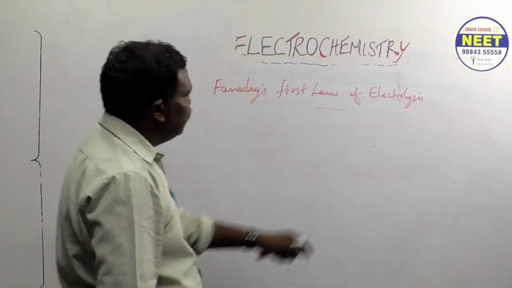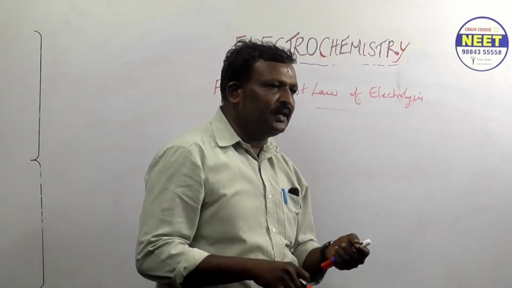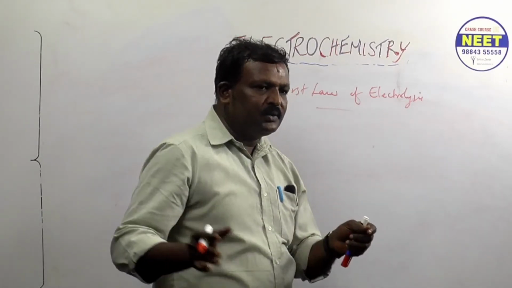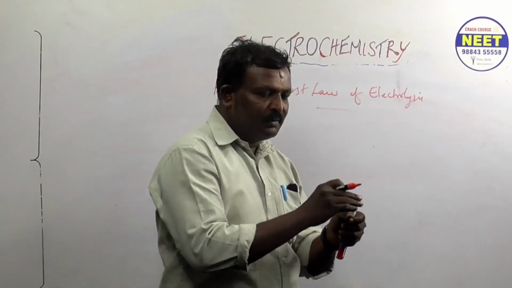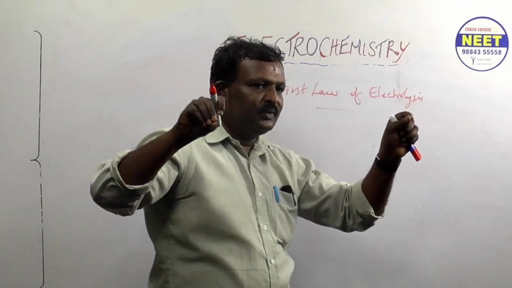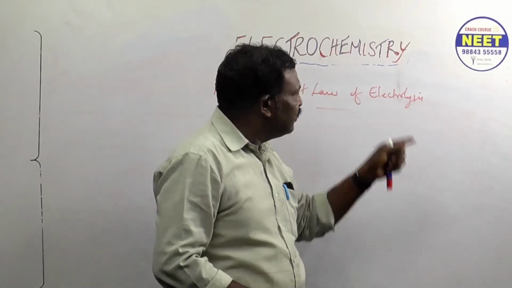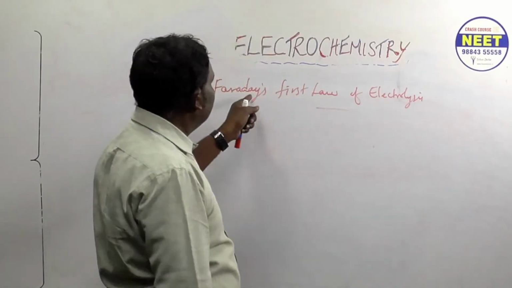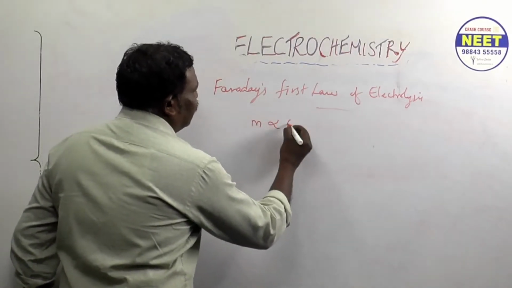What is the meaning of electrolysis? When you pass electric current, the electrolyte is completely dissociated into ions, and it is deposited at cathode and anode. Decomposition of electrolyte by passing electric current is called electrolysis. So Faraday first law, just remember, M is proportional to Q. That's all. Simple.